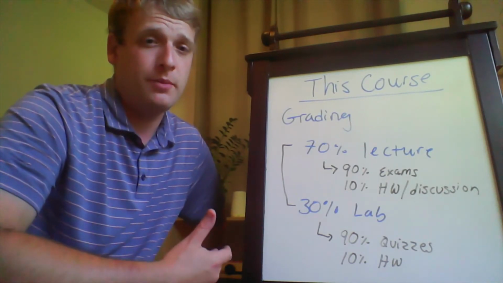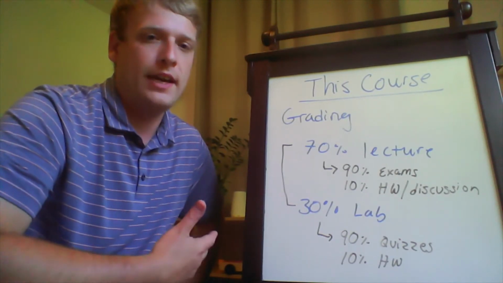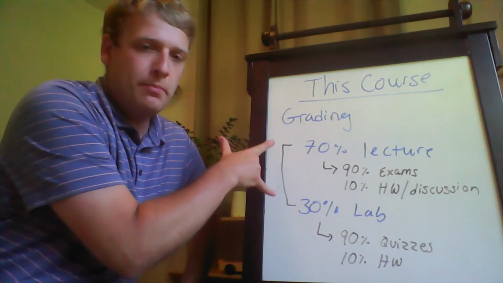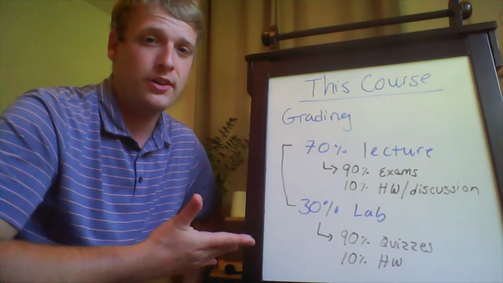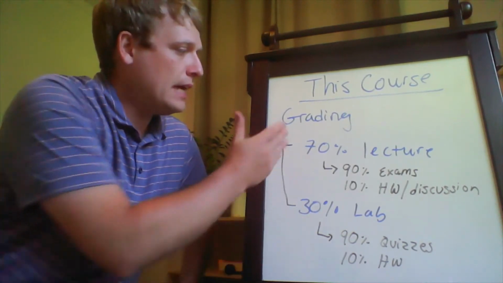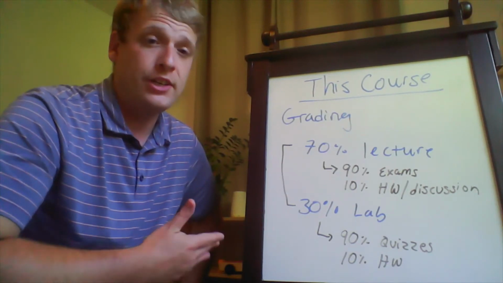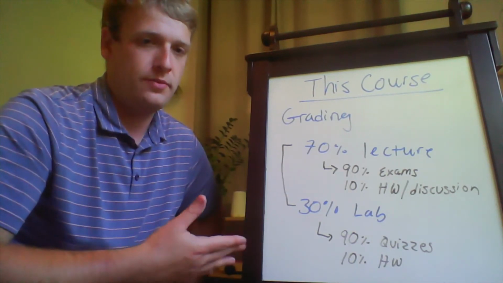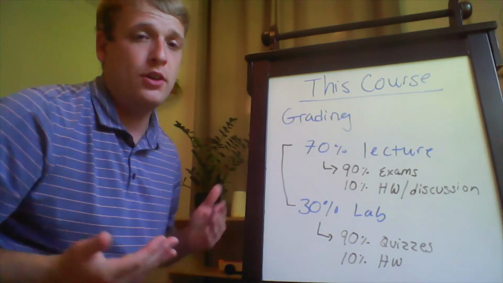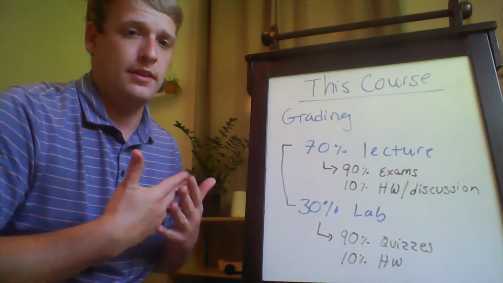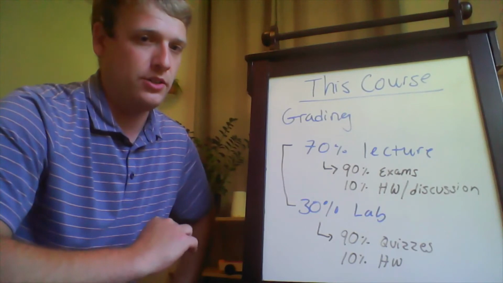The first of which I'm sure you're very interested in, which is how is this course going to be graded? So there are two components to this course, and I'm sure you're aware that you signed up for both a lecture and a lab. So the lecture and the lab portion both are going to play into the calculation of your final grade for the course. So you will have a lecture grade, you will have a lab grade, but those are used in combination to determine your final grade for Anatomy and Physiology 1.